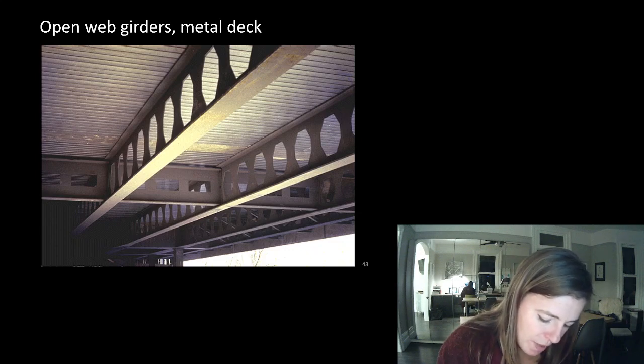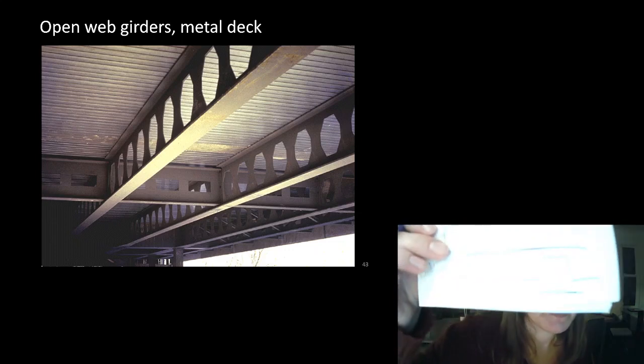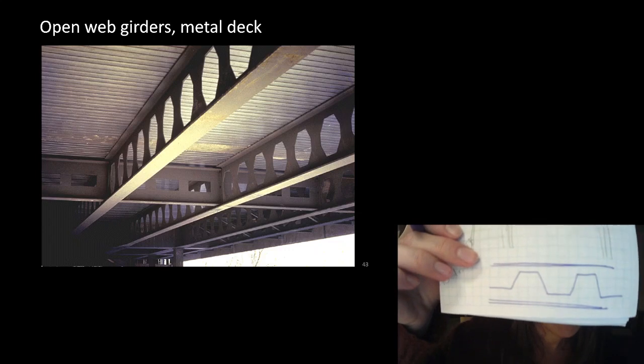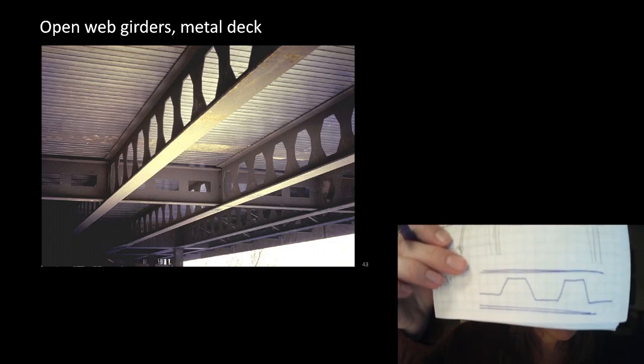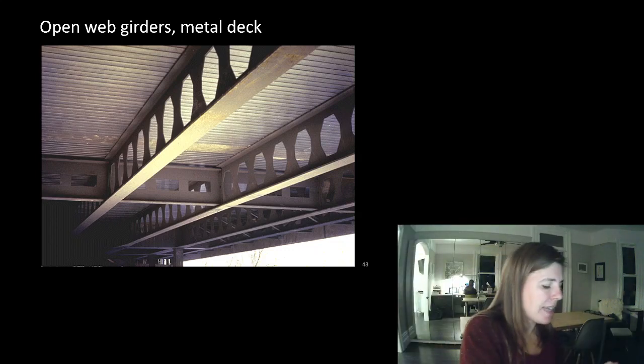We have a top flange and a bottom flange. They take a solid piece of steel like that and torch it or cut it apart, lift them apart and shift them and weld them back together.